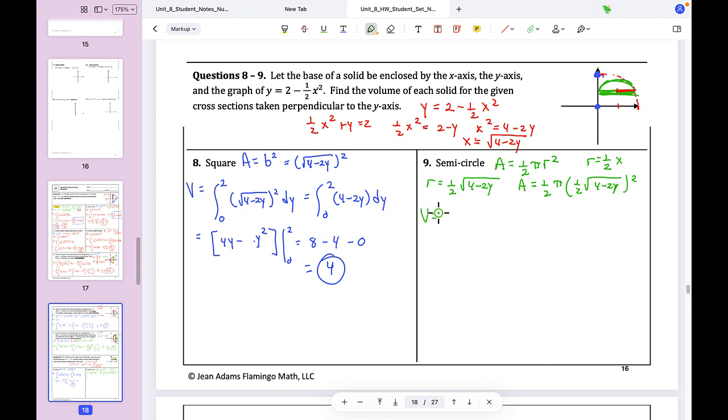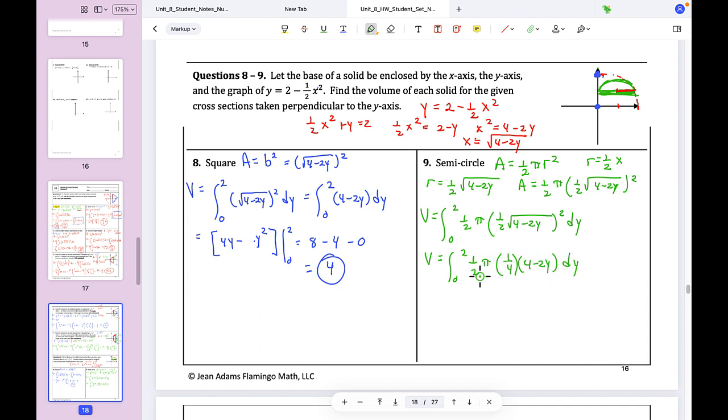Our volume, again, we're going from 0 to 2 of 1/2 pi times 1/2 square root of 4 minus 2y squared dy. When I square that, I get 1/2 pi times 1/4 times 4 minus 2y dy.